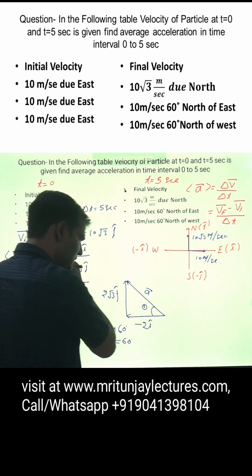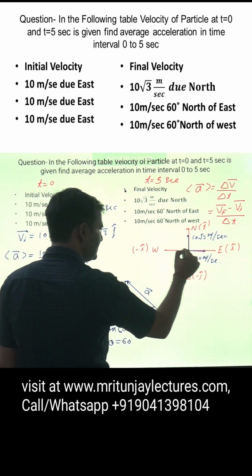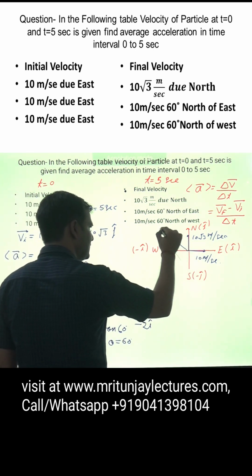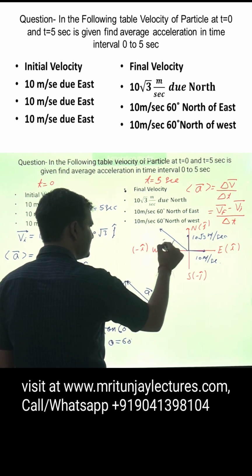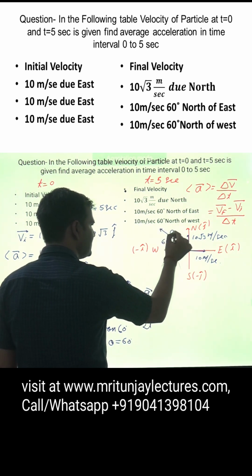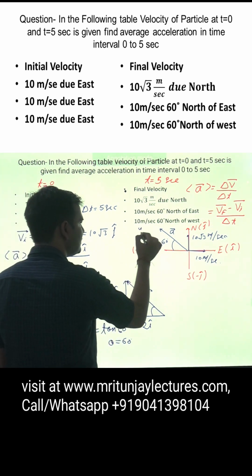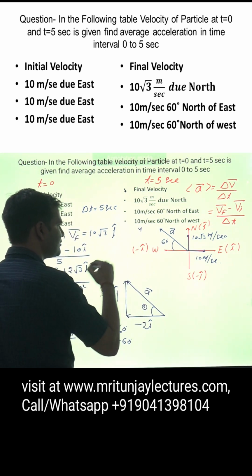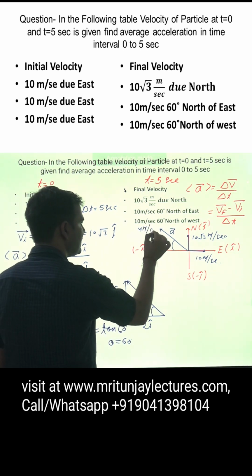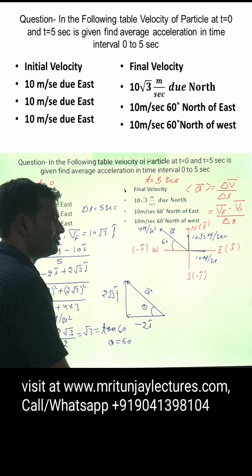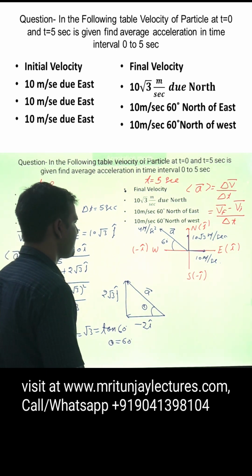If you represent it here like this one and here 60 degree, and that is a. And the unit is 4 meter per second square. So what about the final answer?